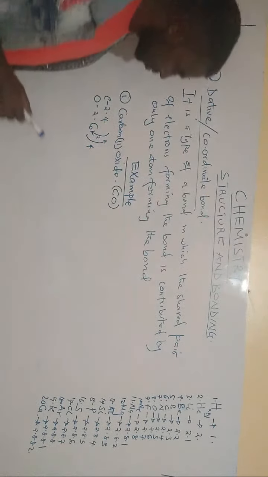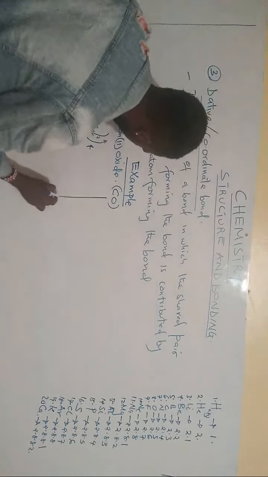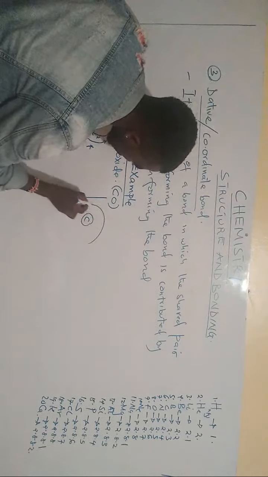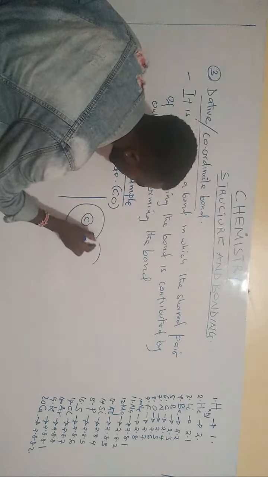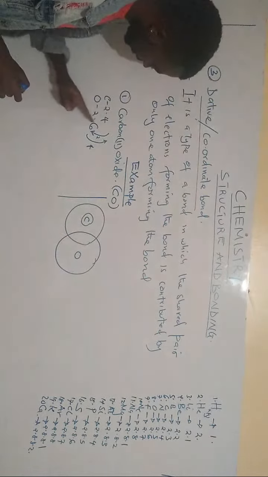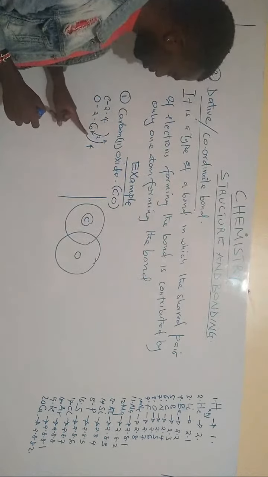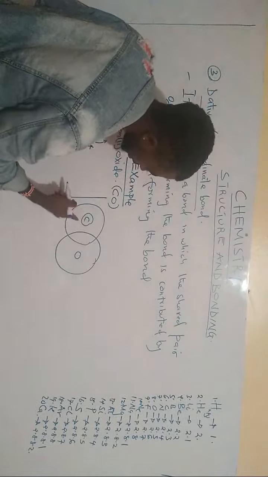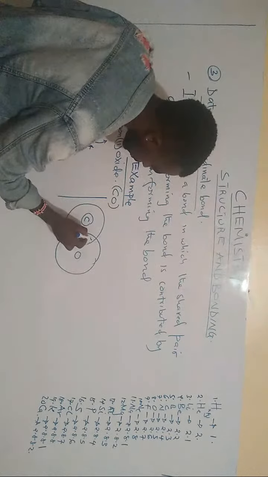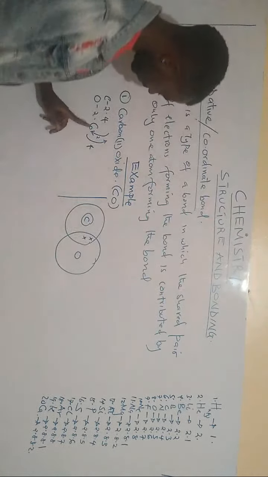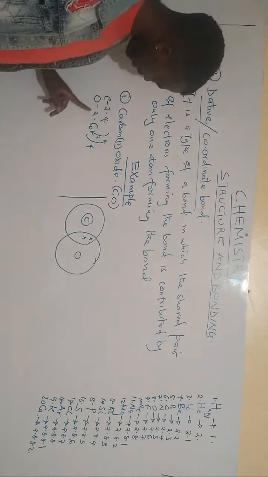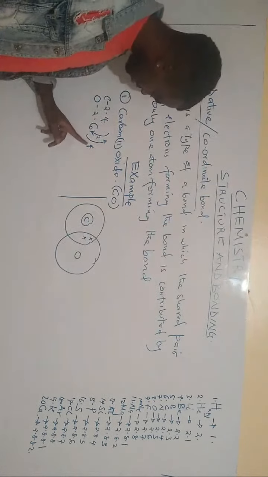How will the structure look like? Look at the structure. It is carbon attached to another atom of oxygen. So you said carbon will give oxygen only 2. If the electrons of carbon are represented by X, it will be 1, 2. Carbon has given oxygen 2, and the oxygen is stable. Carbon has been given 4 by oxygen to be stable.